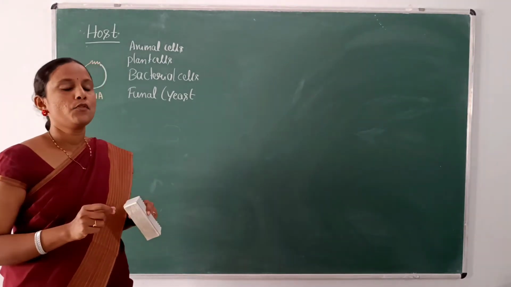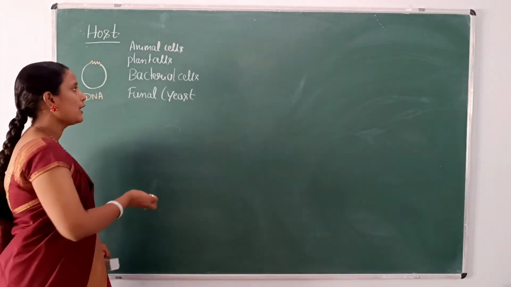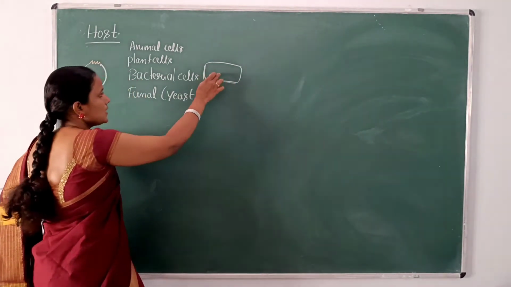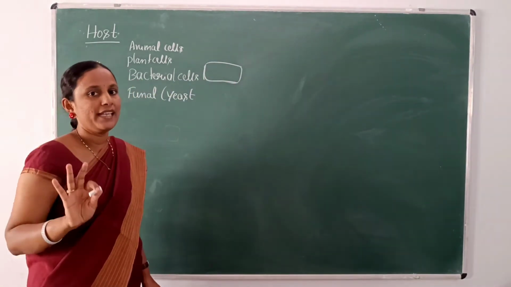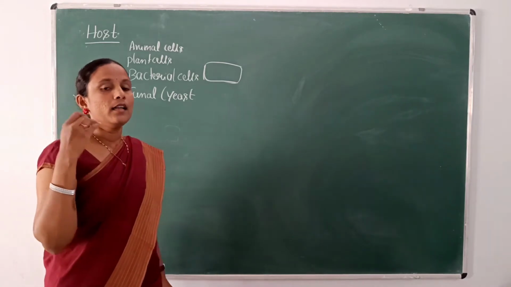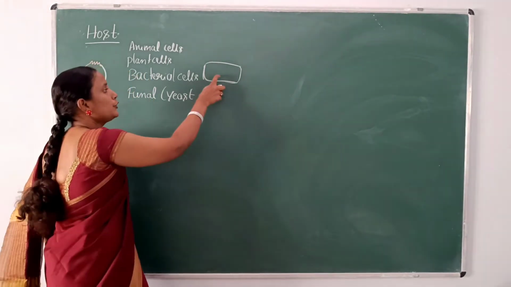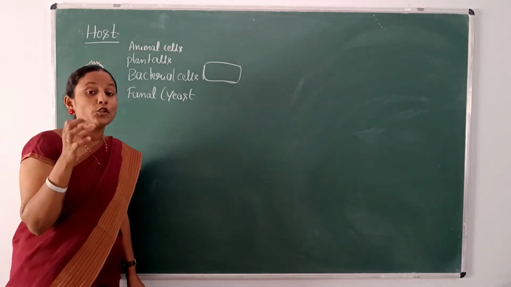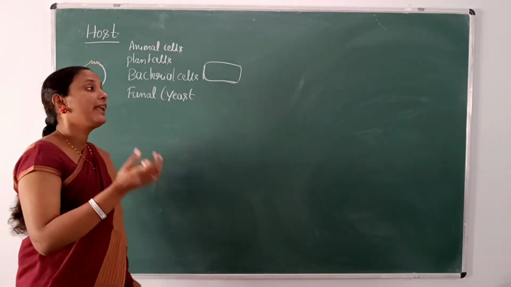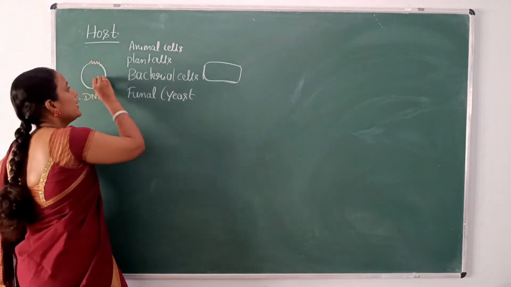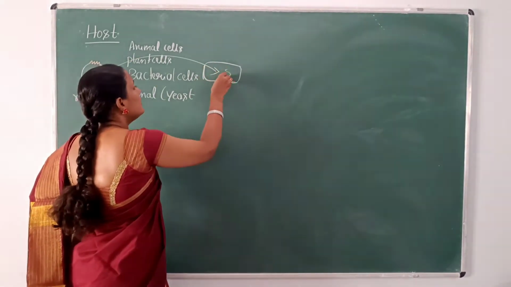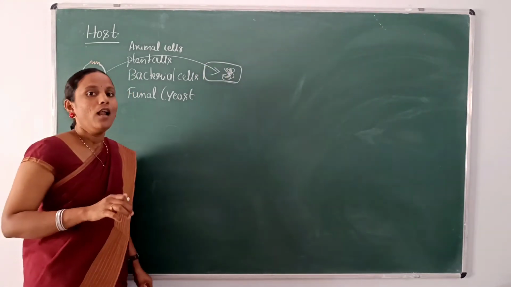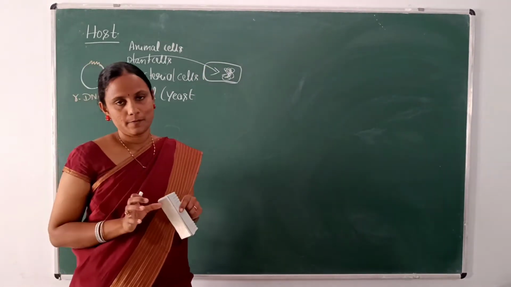The thing is, whichever host we are using, say for example, it is of any kind. This is a host cell. The requirement is it has to uptake this recombinant DNA. It should have the capacity to uptake this. That means this recombinant DNA should enter or integrate into the genome of the cell and it should get expressed.